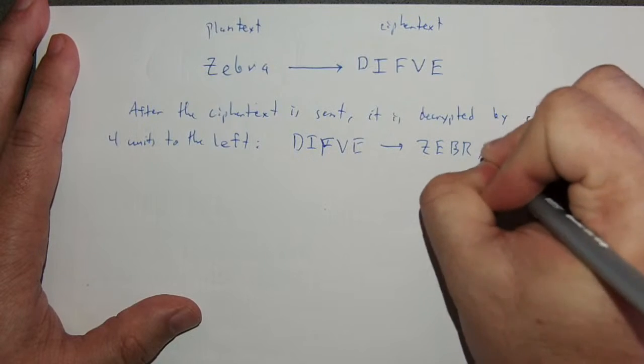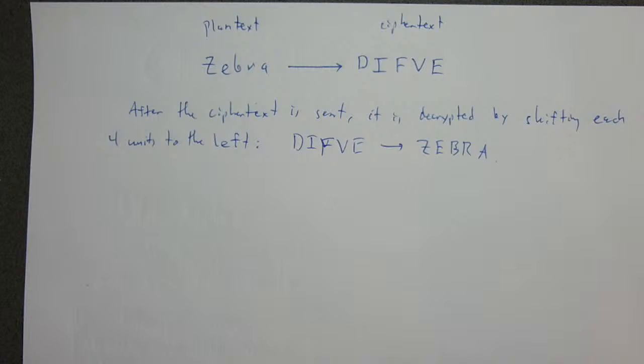Okay. All right. So one thing that's nice about this process, obviously, is the decryption method is obvious. Once you have specified how you're shifting, then to decrypt, you just shift by the same amount in the opposite direction.